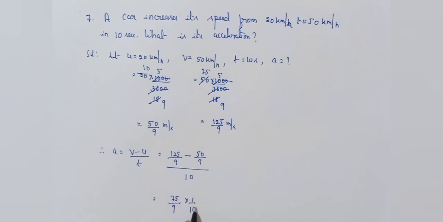Next 5 2s are 10, then 5 15s are 75. Next we can divide 15 and 9. 3 3s are 9, 3 5s are 15. 5 by 6, divide 5 by 6, it gives 0.83. So the acceleration is 0.83 meter per second square.